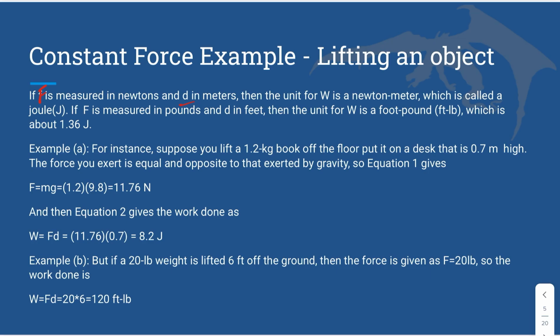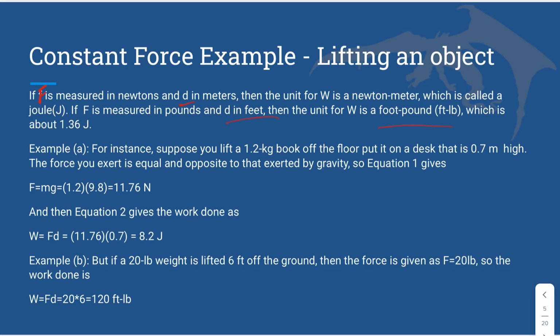So force times distance is joules in our metric system. F is measured in pounds in the U.S. system, and distance is measured in feet, and we end up with our work being the foot-pound. The unit for our work is the foot-pound, very important, which is approximately 1.36 joules.